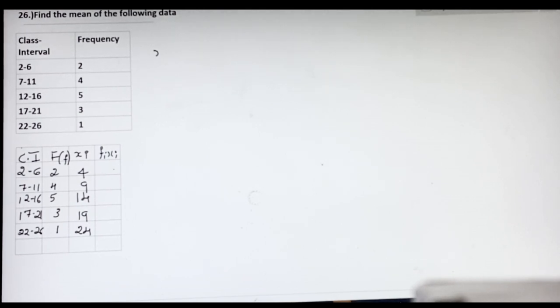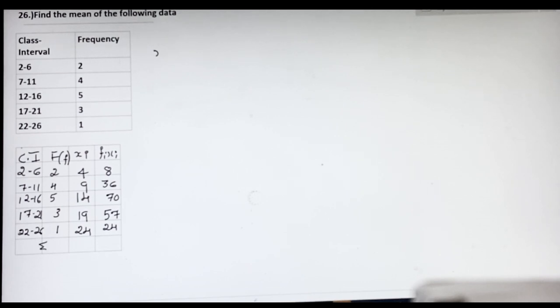So 4 2s are 8, 9 4s are 36, 14 5s are 70, 19 3s are 57, 24 ones are 24.